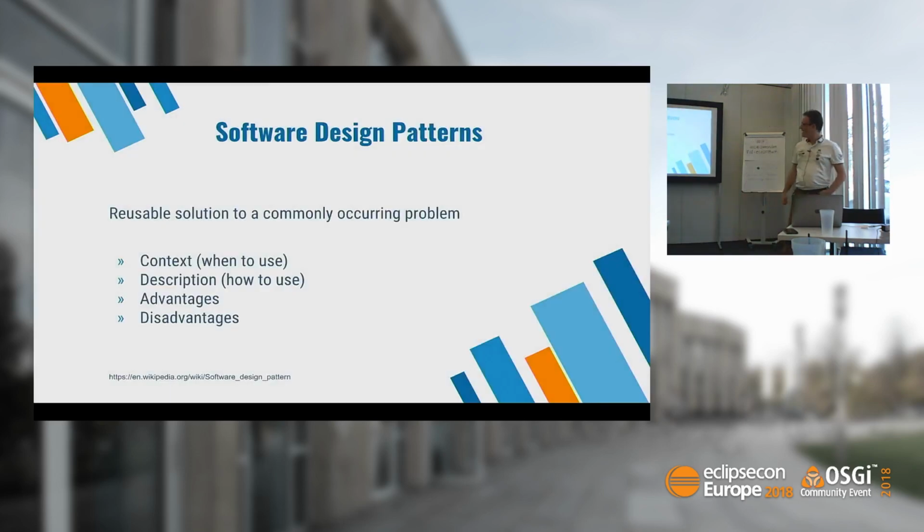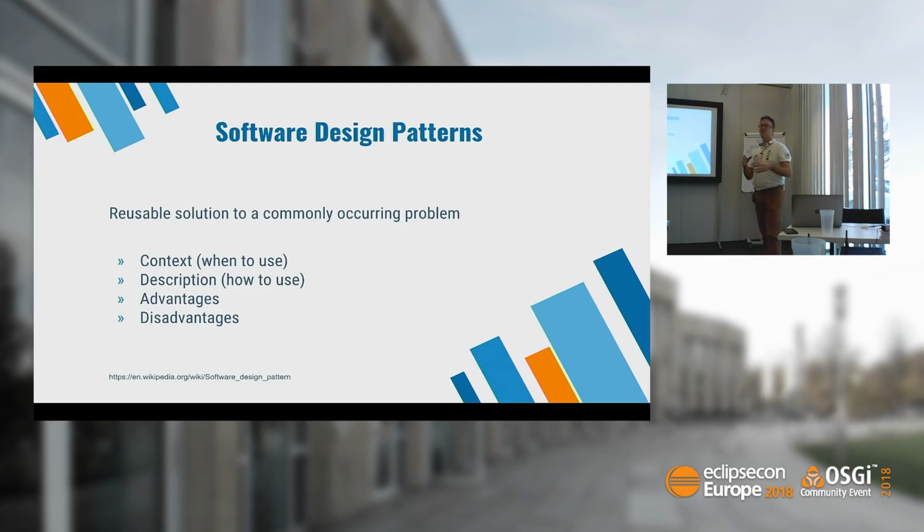Software design patterns. What are they? Is it a pattern when you find a cool solution that applies at one point? No. A pattern must be reusable. It must be kind of a template you can use for many situations that are similar. There's a typical way of setting up a pattern.